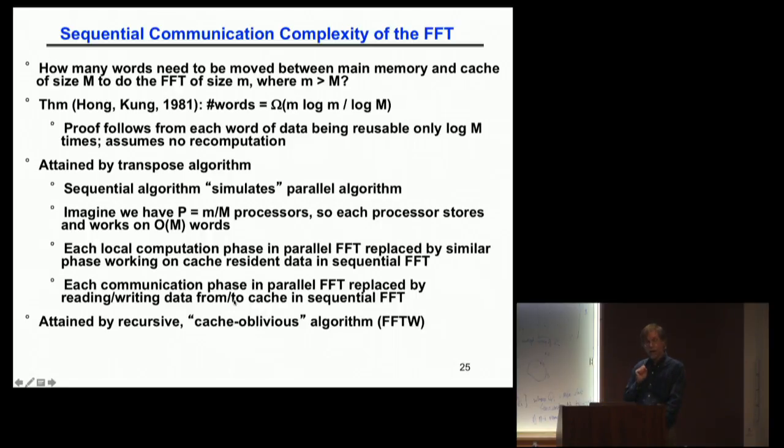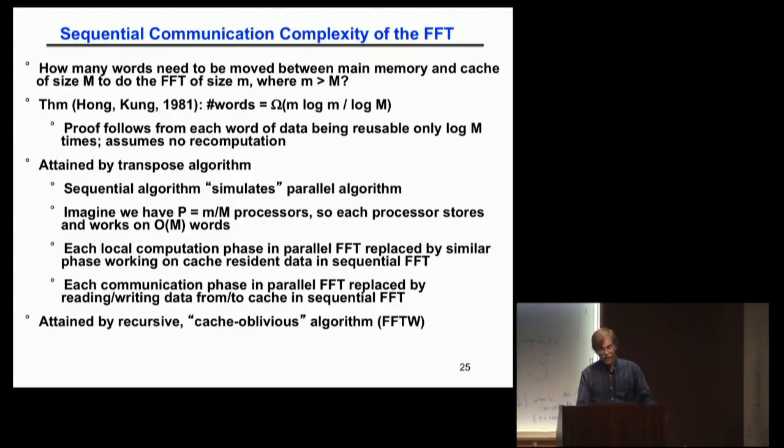If you just run the recursive algorithm that I showed you at the beginning, where the FFT of size m calls two FFTs of size half the size, it'll do this for you automatically as a cache-oblivious algorithm. And these very highly auto-tuned packages that you should use when you want to do the FFT are actually going to use this trick of recursion. They're not going to do recursion all the way down to problems of size 1. They have to stop short, but they will still use recursion in order to hit this lower bound.